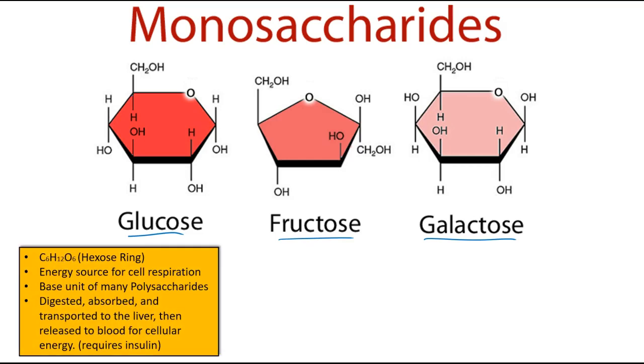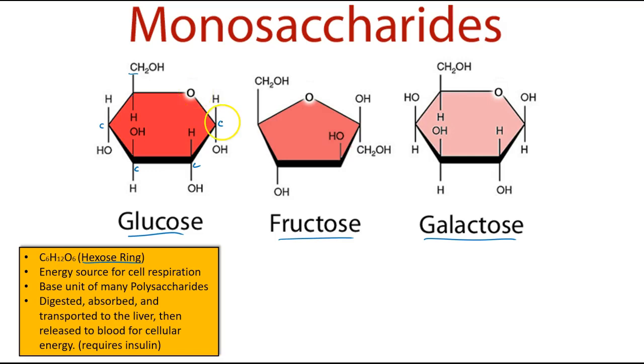Okay? If we look into the specifics of these three molecules, glucose is going to be a hexose ring, a 6-carbon ring. You'll see this is carbon 1, 2, 3, 4, and 5. The sixth position in this ring structure is going to be an oxygen.